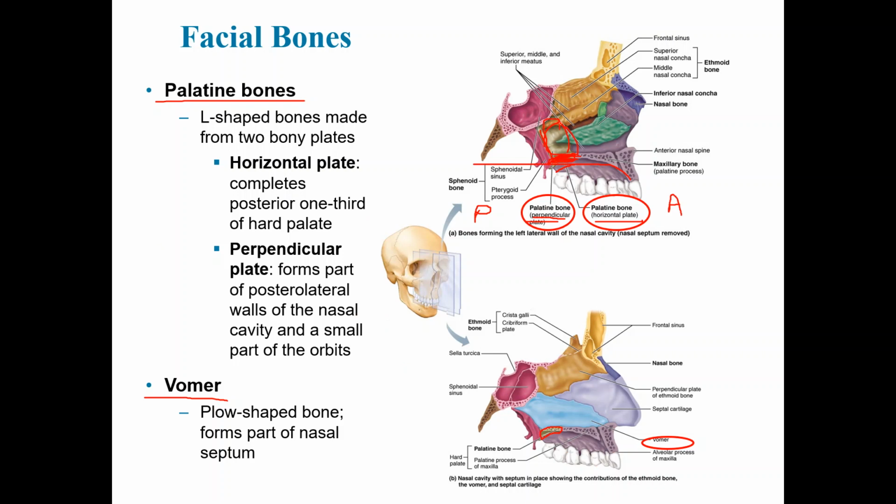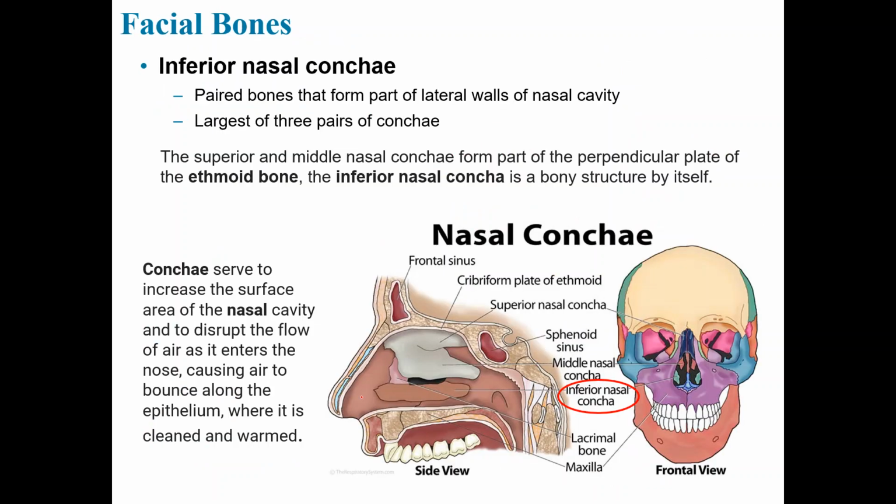See over here, okay? And also a very small part of the orbits as well. Okay, so the vomer is a plow-shaped bone and forms part of the nasal septum, okay? And it's over here, highlighted very well, okay? That's all I'm gonna tell you about the vomer, okay?